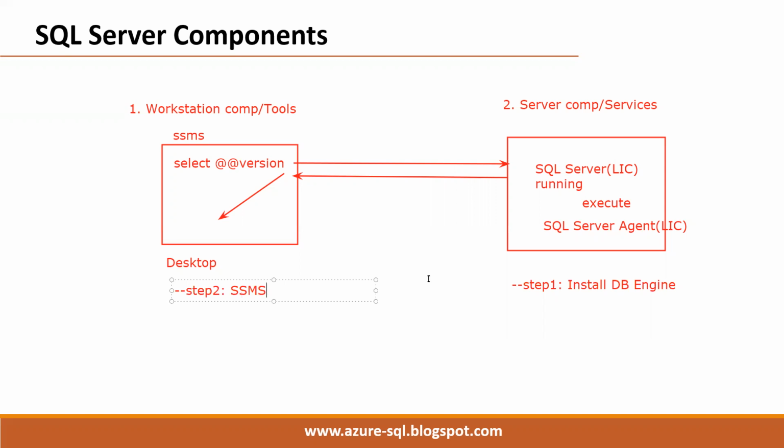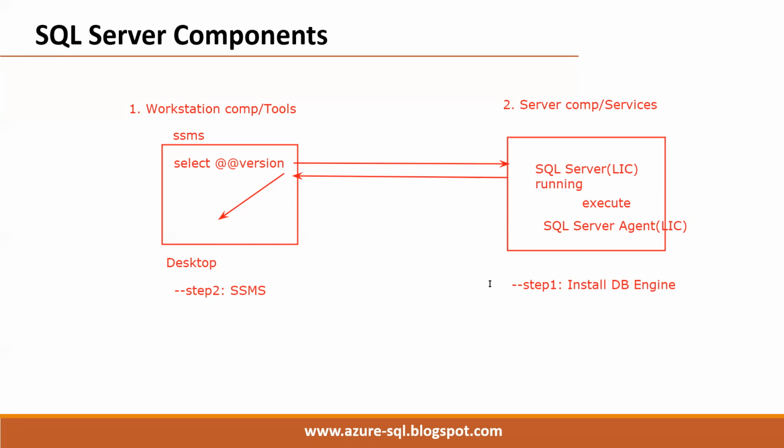So it is a two-step process. First step is the database engine, then we have to install SSMS. This SSMS should be installed only one time per machine, because with the same latest SSMS we can connect to lower versions or higher versions in general.